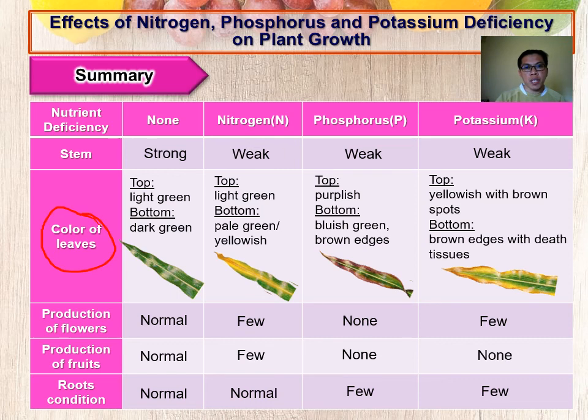Color of leaf for nitrogen dia ada yellowish, kita panggil sebagai chlorosis. Kalau bagi phosphorus dia bluish green or brown edge dan juga dark purple. For potassium dia ada brown edge with dead tissue ataupun kita panggil sebagai brown spot.